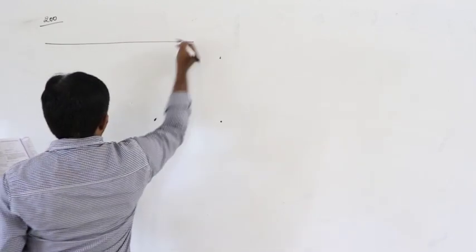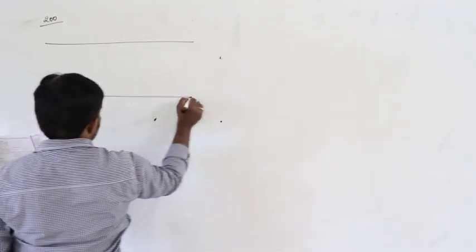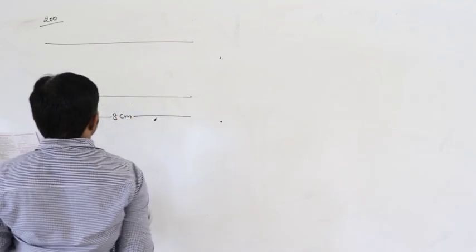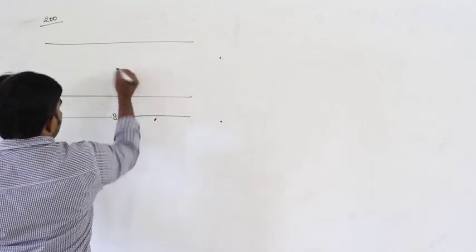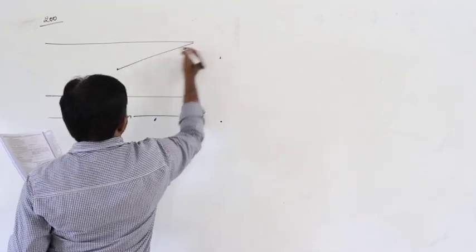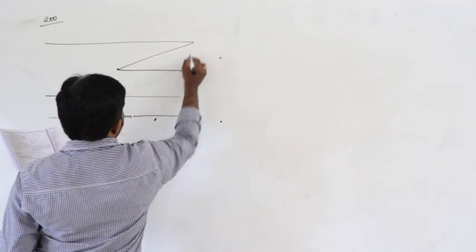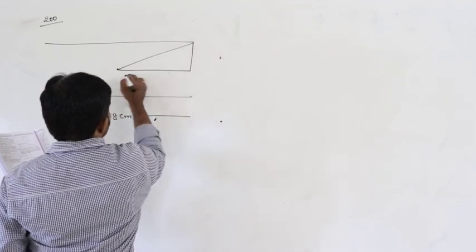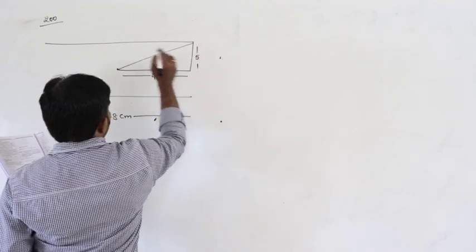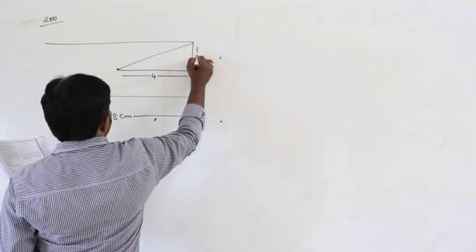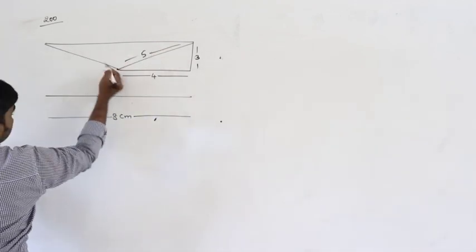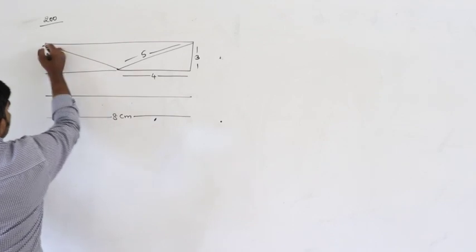See here, the solenoid has a length of 8 centimeters. Now we have to calculate the magnetic field at this point. This is 4 centimeters and this one is 3, so this is 4 and the radius is 3, so this becomes 5. On both sides, it is at the same distance.